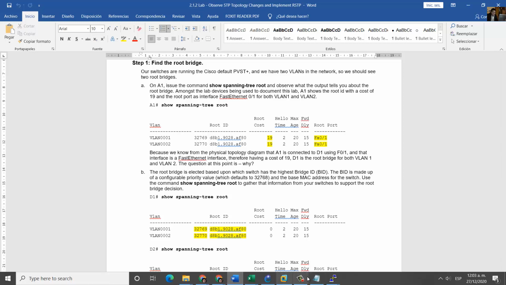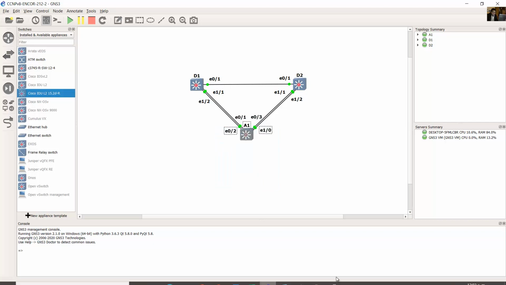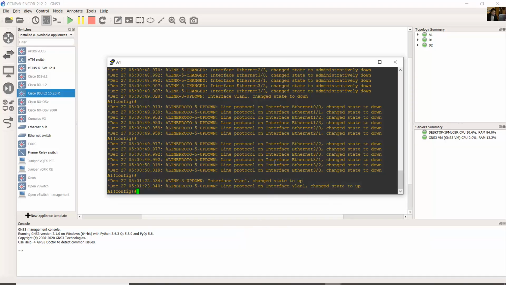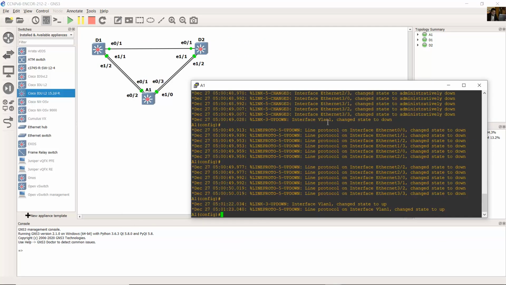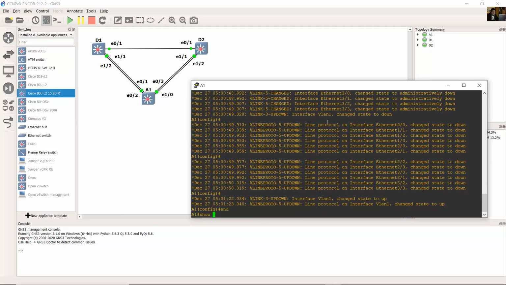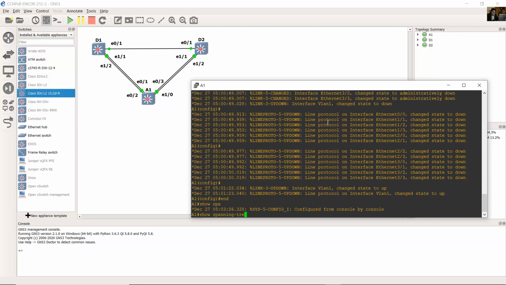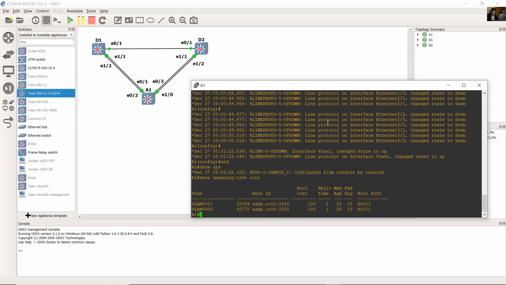Okay, go to A1 and show spanning tree root. Okay, this is the root ID for VLAN 1 and root ID for VLAN 2.